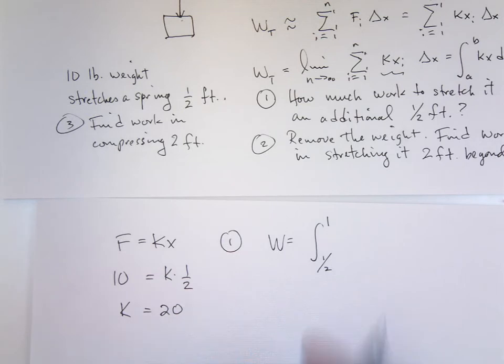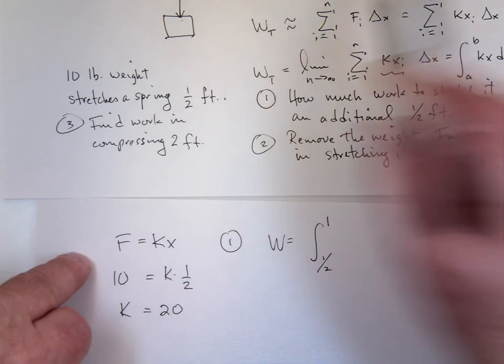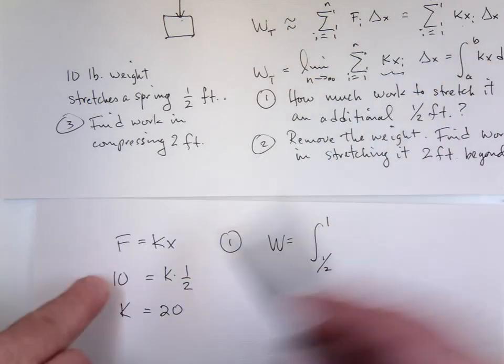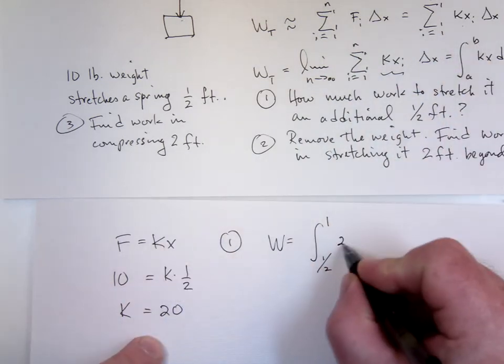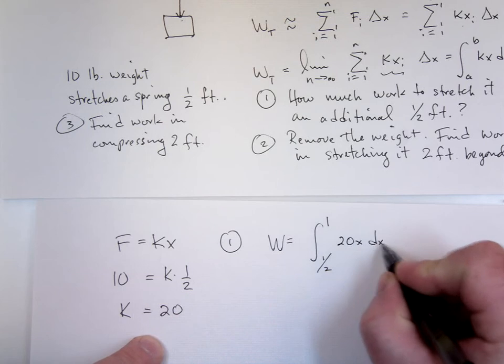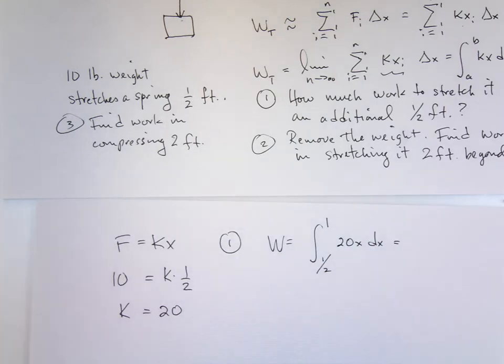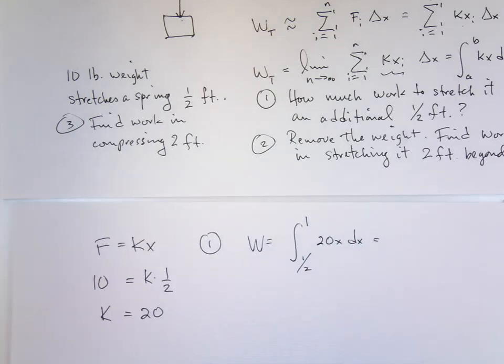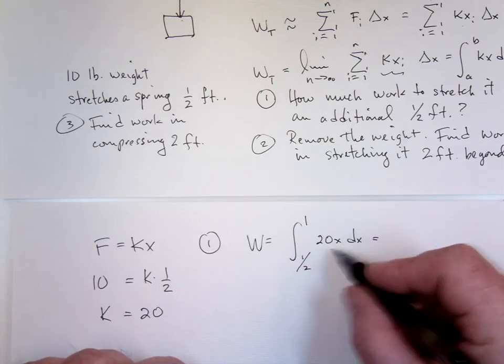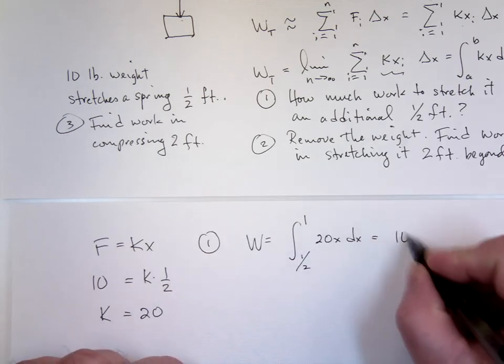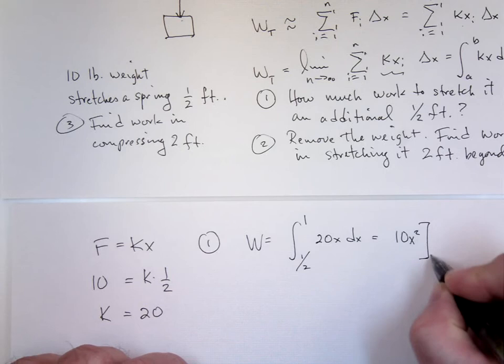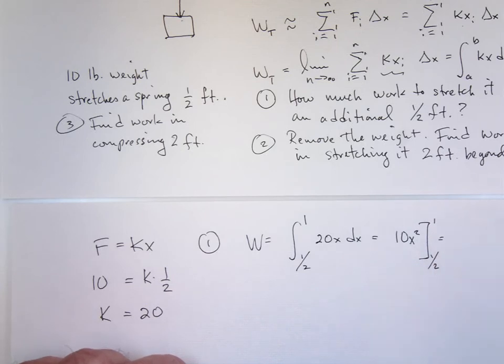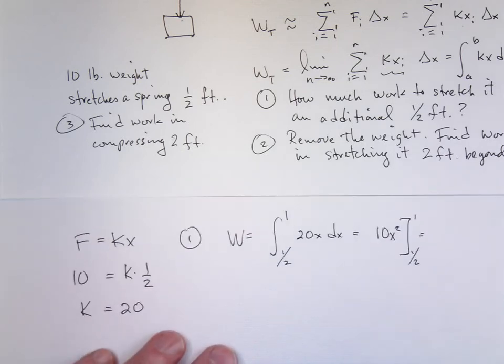And we have to integrate. What's our integral? It's kx. We got k, 20, x dx. So, the integral of 20x squared over 2. We end up with 10 minus 10/4, 5/2.